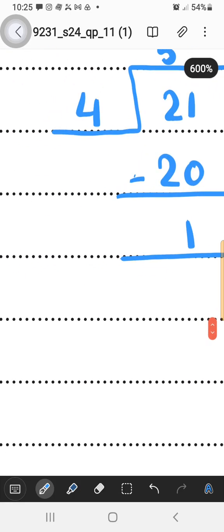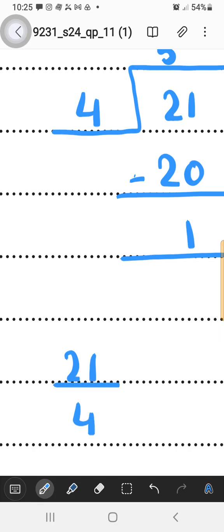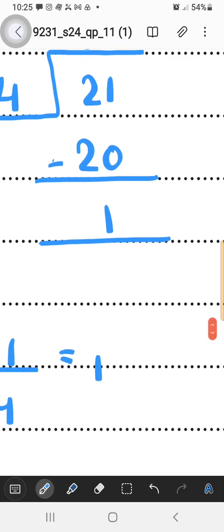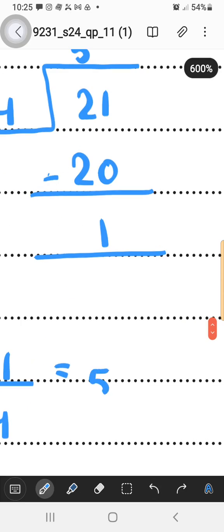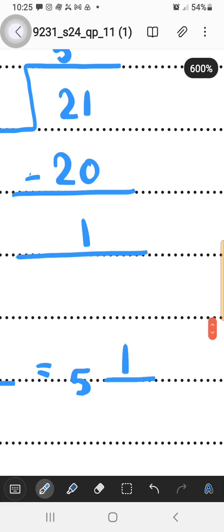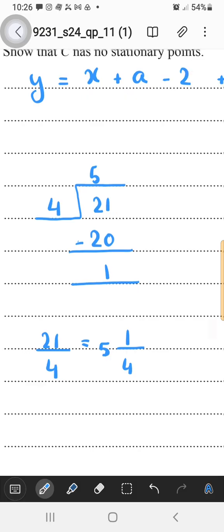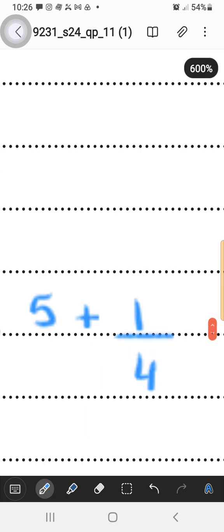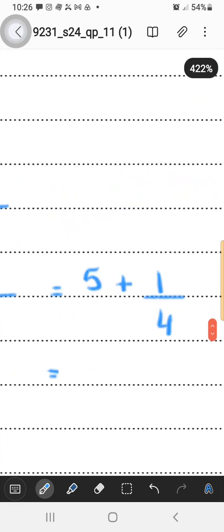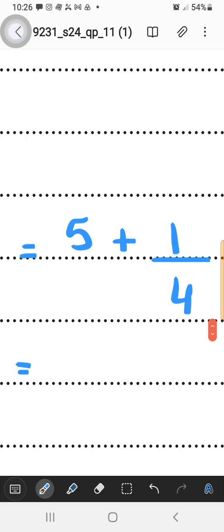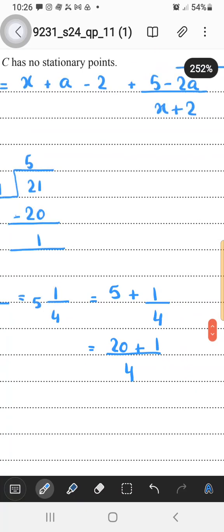Then we can write 21 upon 4 as 5 and 1 upon 4, like a mixed fraction. But in reality there is nothing like a mixed fraction in mathematics. The reality is we write it as 5 plus 1 upon 4. Let's prove it is 21 upon 4: 4 times 5 becomes 20, 20 plus 1 upon 4.